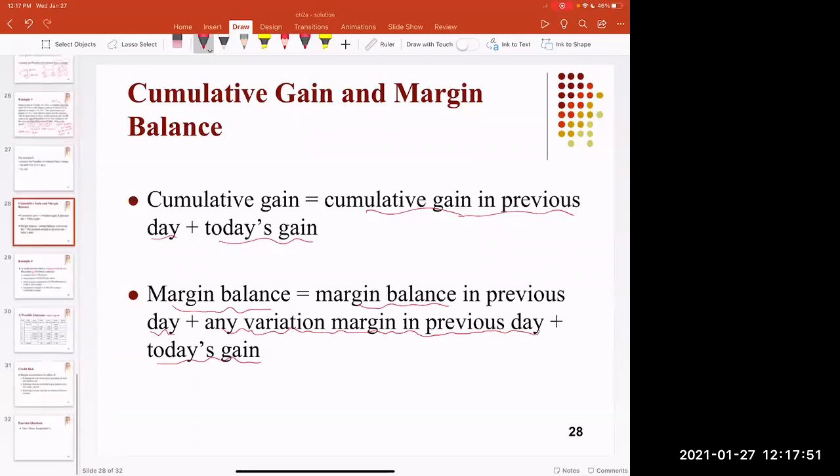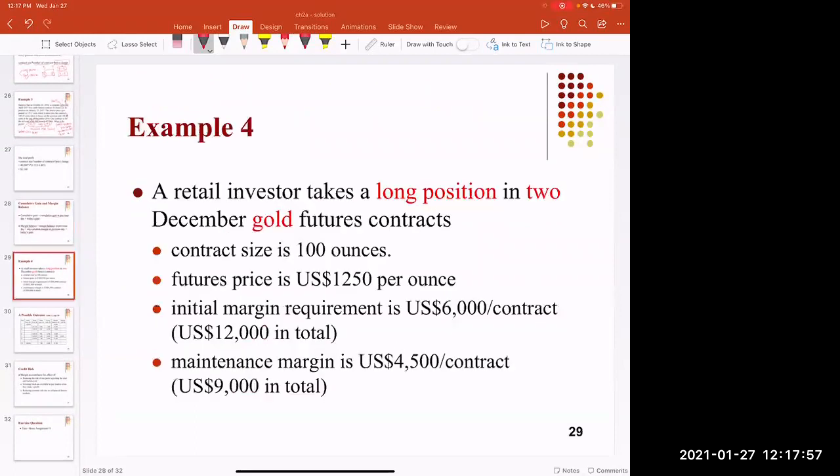Next we're going to have an example to show how to use all these formulas. Example 4. A retail investor takes a long position on 2 December. First is a long position, so when you calculate the price change, you should do what? P1 minus P0, right? Price change would be P1 minus P0 because this is a long position.